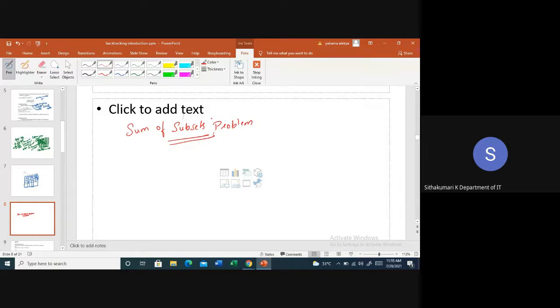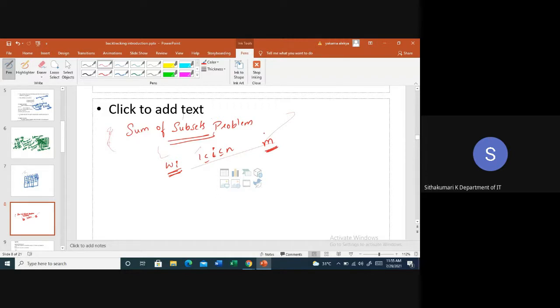So the problem statement is you are provided with n positive numbers, W1, W2, W3 up to Wn, with i taking the value between 1 to n, and you are provided with m. These are the weights. You will be provided with one positive quantity m.